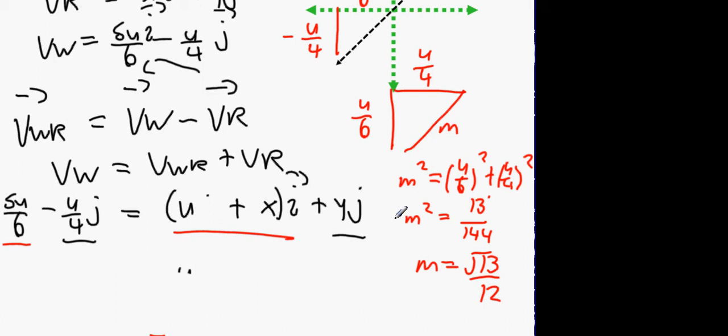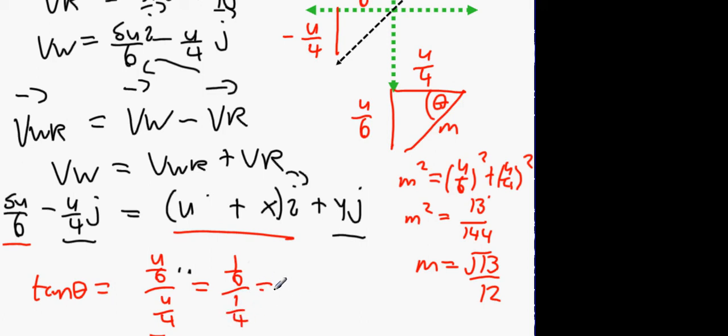Now, what about its direction? What about this angle here? Call it theta. What about the angle theta? Tan theta equals u over 6 divided by u over 4, which is technically 6 divided by a quarter, which is technically 2/3. Tan inverse 2/3 for me?